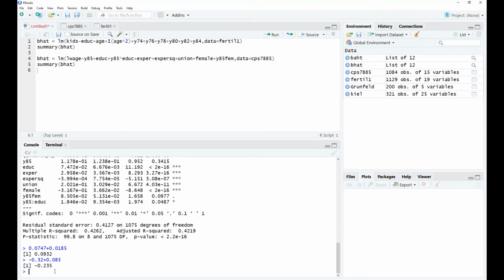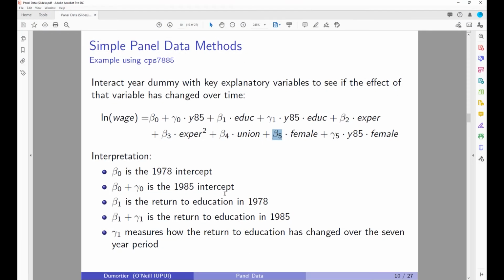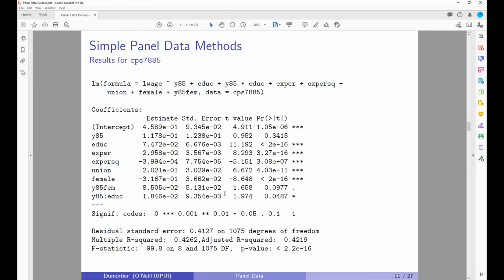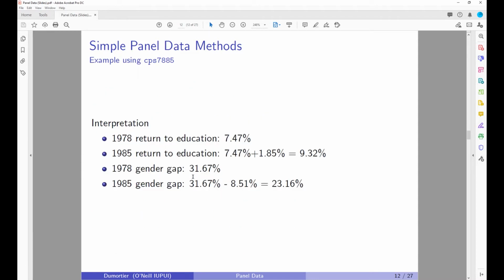What this means is that in the year 1985, the pay gap between a male and a female was 23.5%. So you can see that this type of model can be very useful to analyze differences over time. Note that here in the slides you have the output of the model as well as the interpretation of the coefficient estimates.